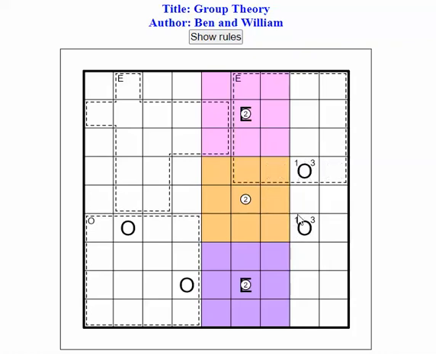Now what's the opposite? If one of these is a 3, what does that mean? Well, if it's a 3, I know that there must be 2 here, because if there's only 1 here, then I gotta put another one here and here. Sorry, if there's only 1 that is shared between these 2 clues, that means I have to put 2 here.